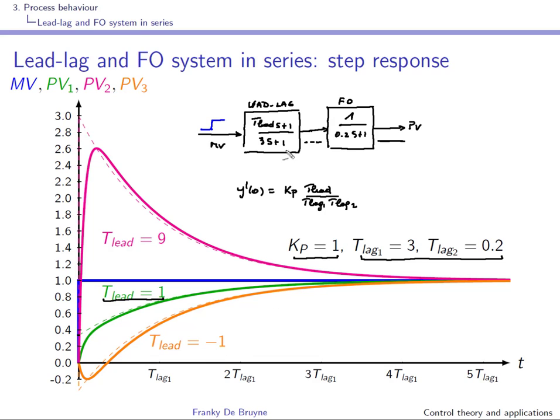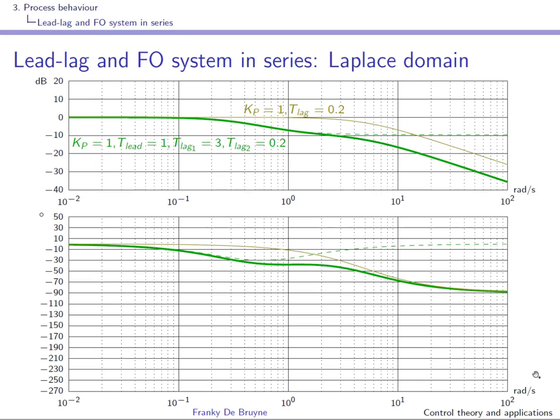So to obtain the step response of this system with 2 lag time constants and 1 lead time constant, you have to see it as the step response of the succession of a lead lag system followed by a first order system, and use the information that is given by the initial and final value theorems, for instance information at the origin on the step response and its derivative.